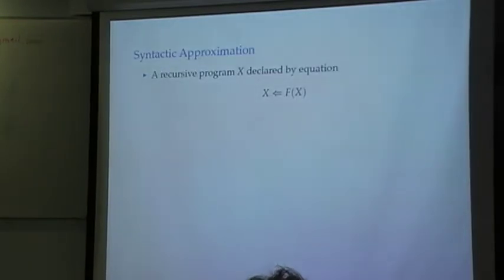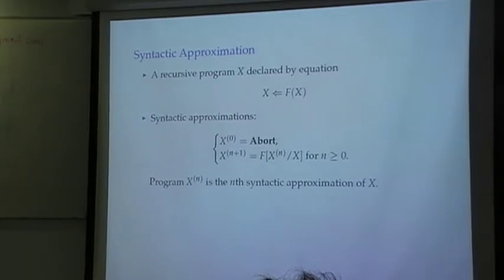A standard method to solve a recursive equation is syntactic approximation. If we have a recursive program X described by the equation X equals F(X), then we can define the syntactic approximation: the first one, x0, is abort, and then x_{n+1} is F with x_n used to replace X. Then the semantics of X is just the limit.